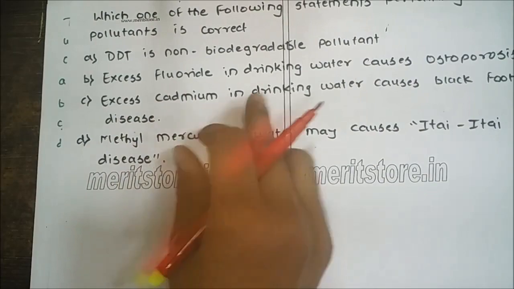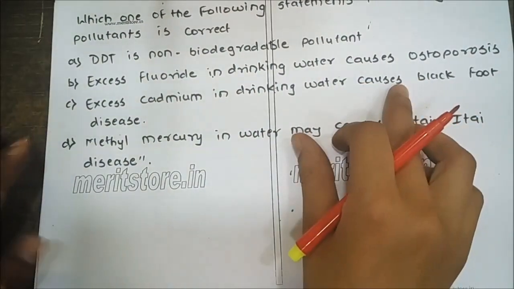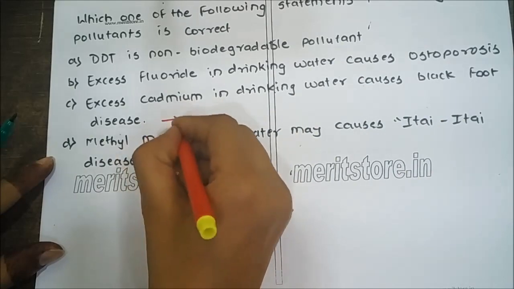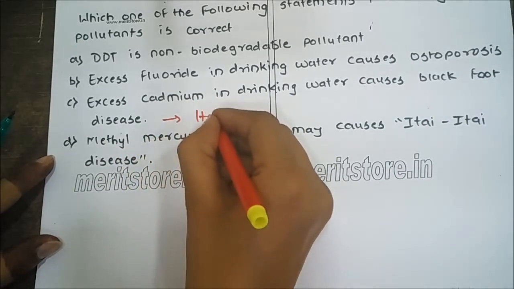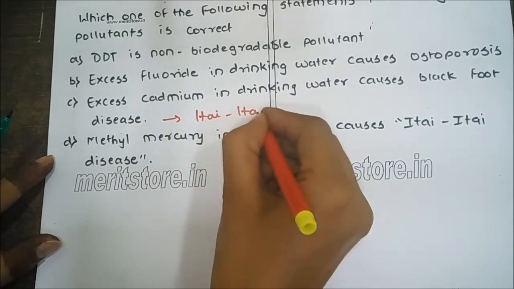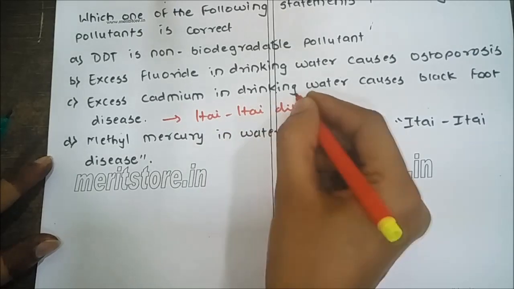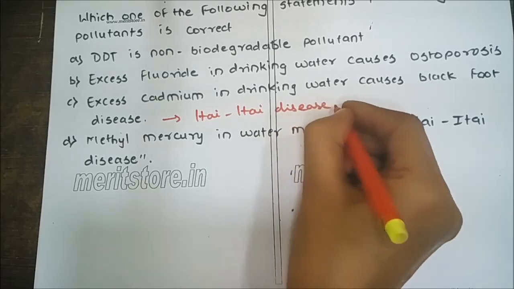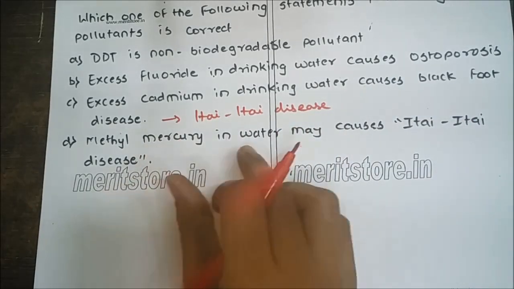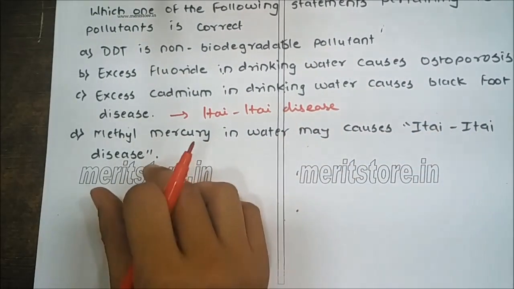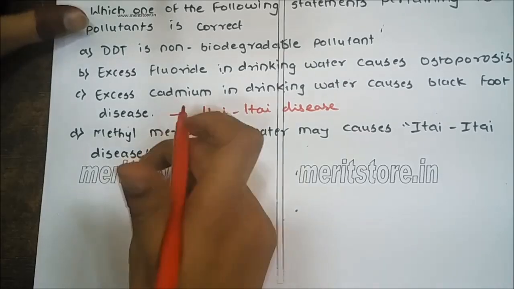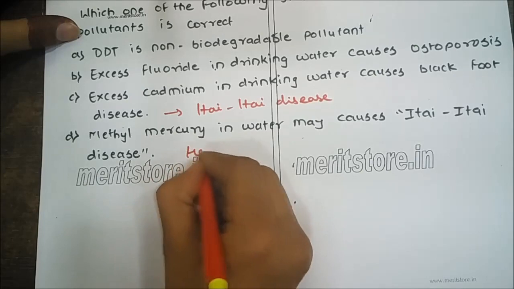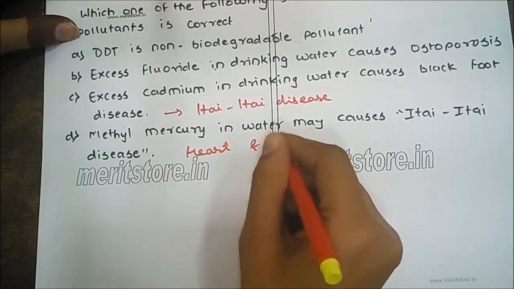No, it's not true. Cadmium in drinking water will cause hepatitis disease. And methyl mercury in water may cause hepatitis disease. No, methyl mercury will cause dangerous effects on heart and blood vessels.